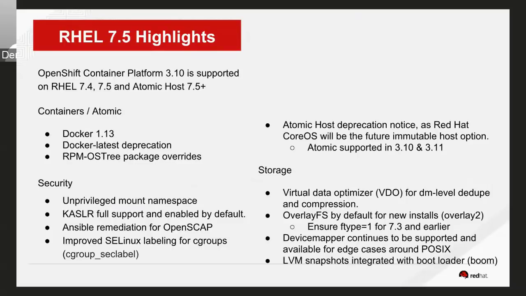Device Mapper continues to be supported and available, but we encourage everyone to move over to overlay.fs as long as they are not vulnerable to any particular edge cases around POSIX compliance. With that, I think we can move on to the next slide.